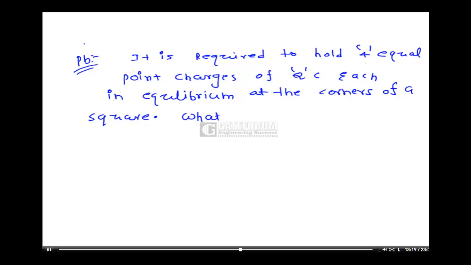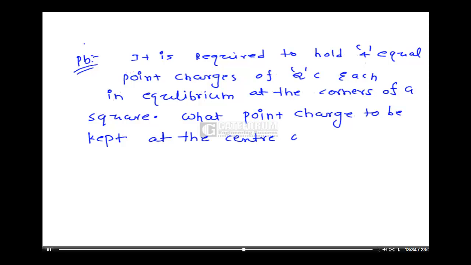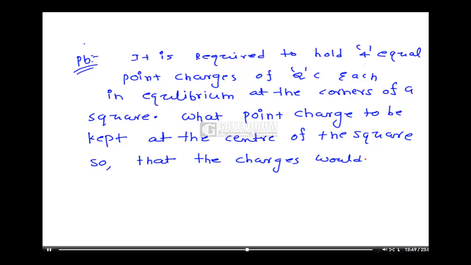What point charge is to be kept at the center of the square so that the charges would be in equilibrium? The charges would be in equilibrium.